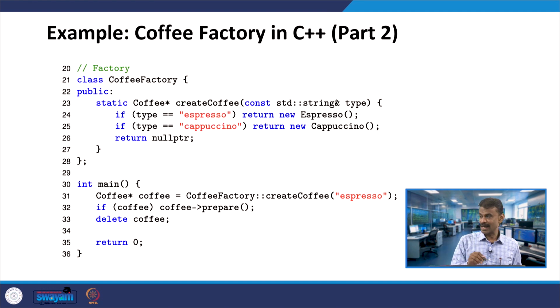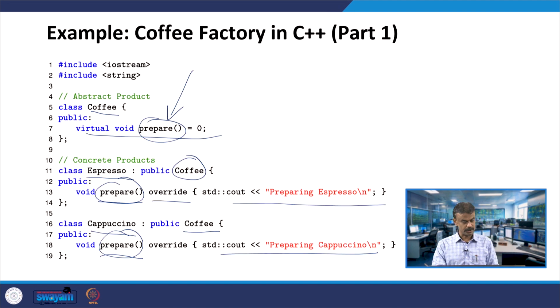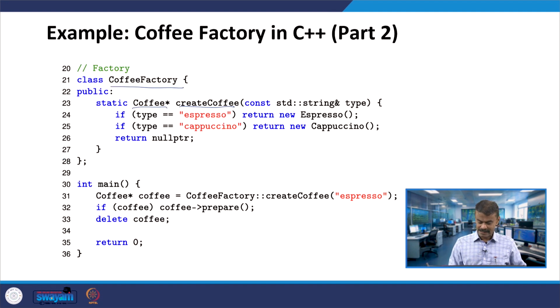Now I have the class CoffeeFactory. Here you go, I have the object createCoffee, a pointer object under the class Coffee. Here you have Coffee by passing the type, a reference type under string.